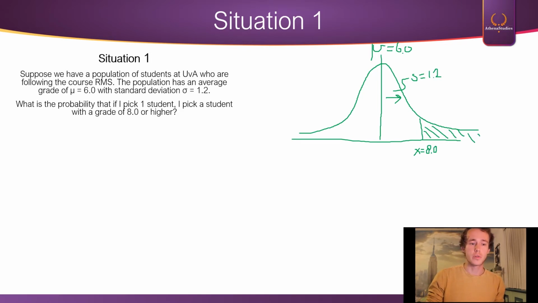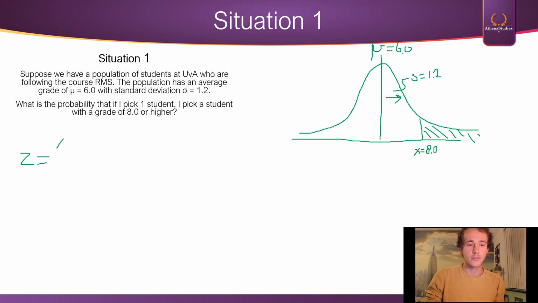Well, of course, we know the formula for this one because we need to calculate the z-score. We need to translate this value of x is 8.0 to our standard normal distribution, because then we can use the handy z table.